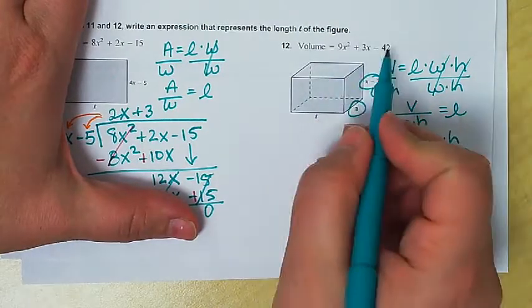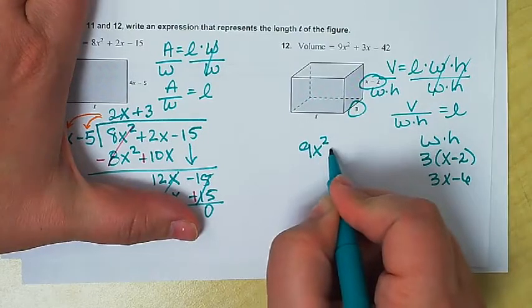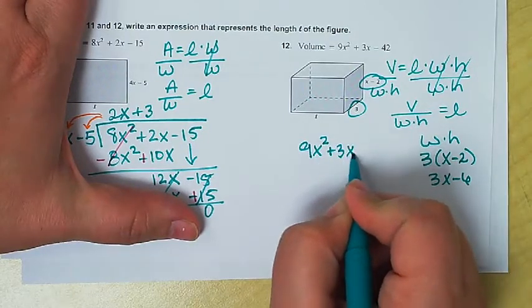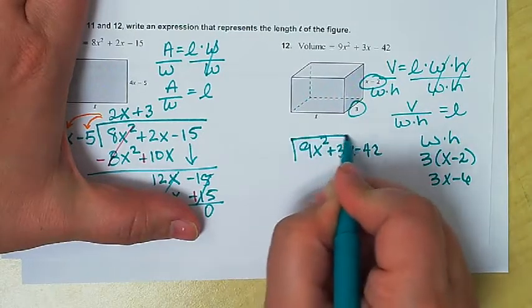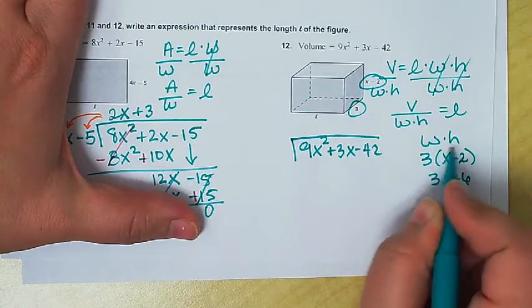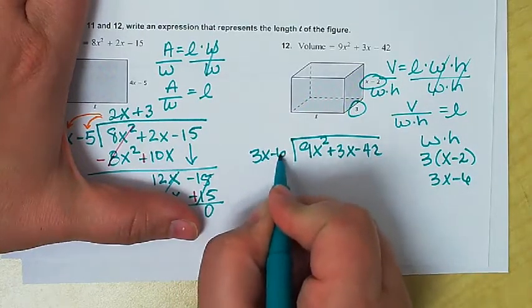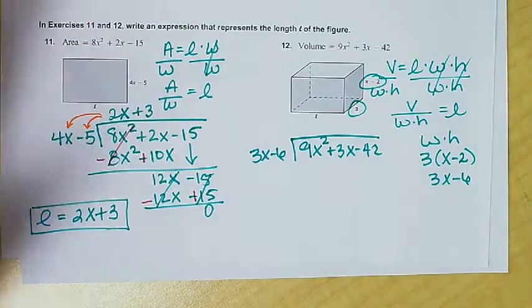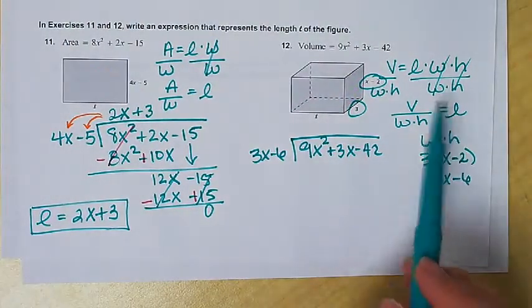So now I could take my volume, 9x to the second plus 3x minus 42, and I would then take that whole thing and divide it by this, which is the width and the height multiplied together. And then I would go through the steps and do my division to find the length.